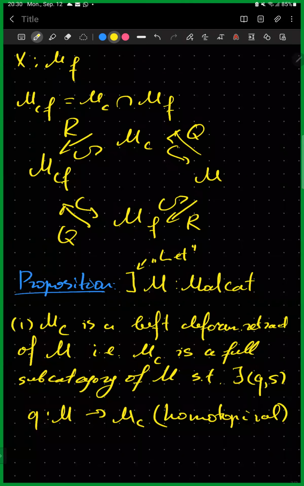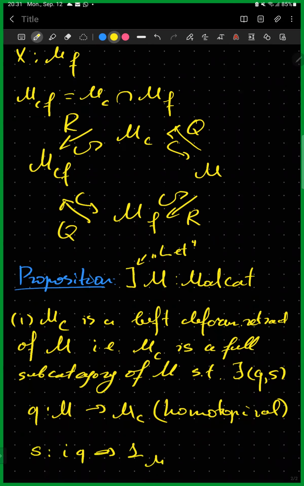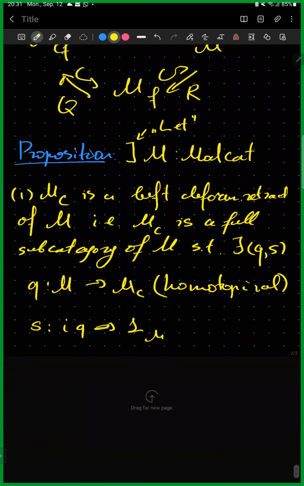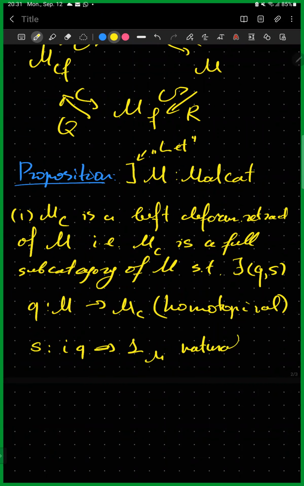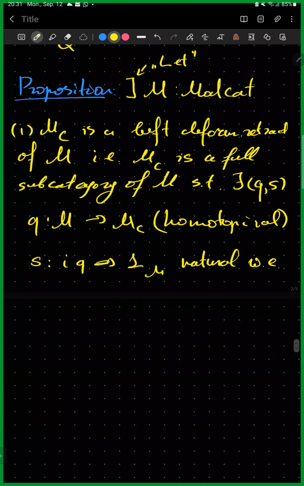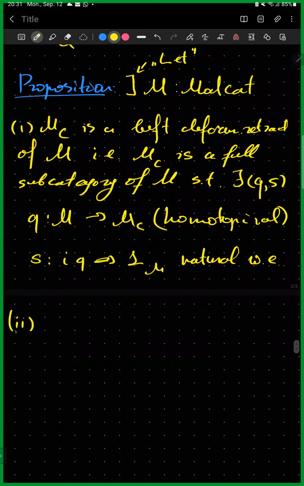And we have a natural transformation S, which goes from the composition of the inclusion functor from MC to M and the functor Q to the identity functor on M. And this natural transformation is a natural weak equivalence, which means that the components of this natural transformation are all weak equivalences.